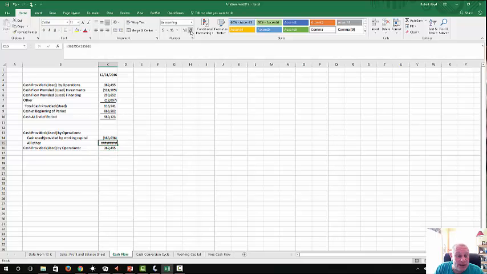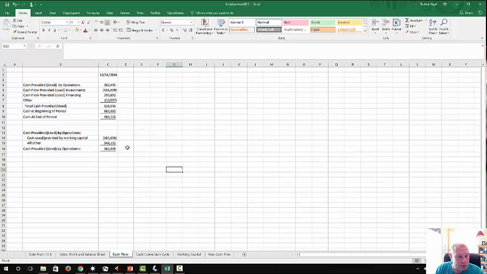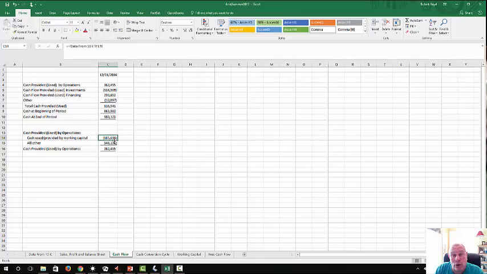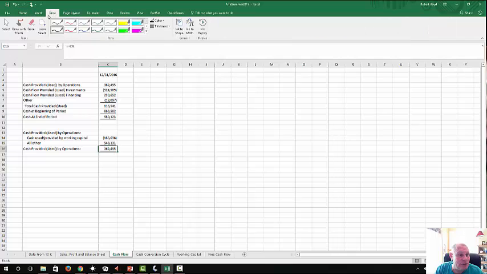So that will tell us, when we look at this, cash provided used by working capital, that's the increase needed to increase the net assets. They needed to increase their inventory and accounts receivable. So we want to break it down, and this is the total number right here. So let me just take my pen.